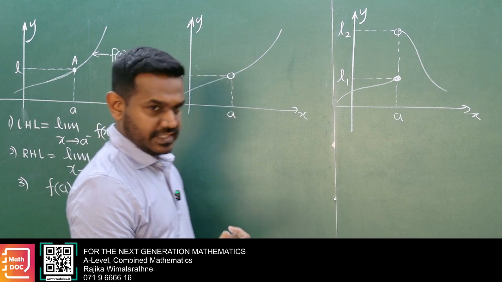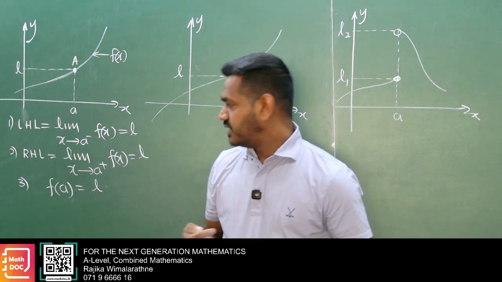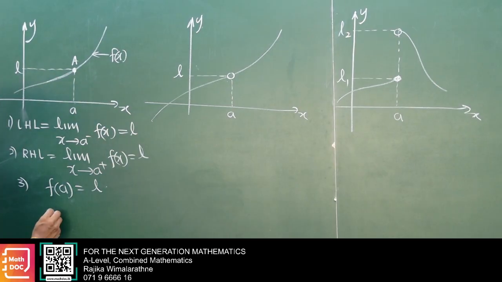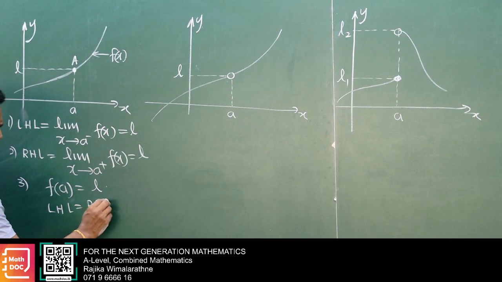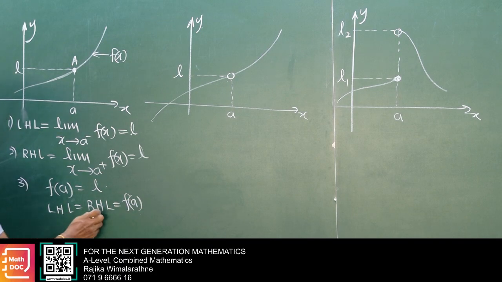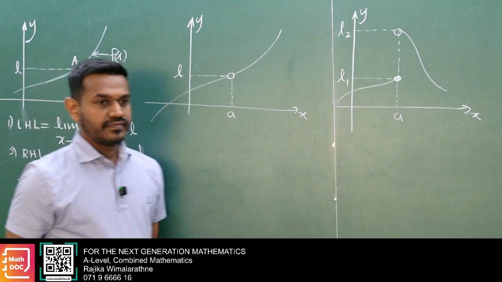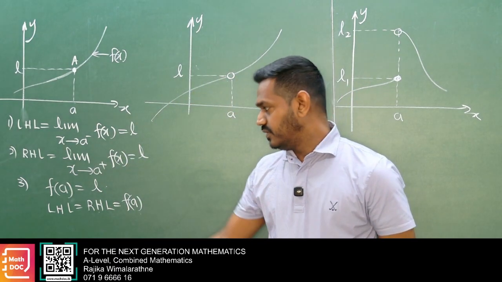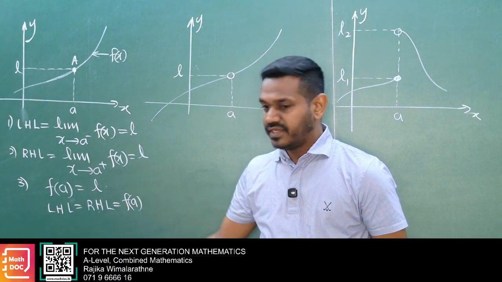Then all of them are the same. Then you write left hand limit equal right hand limit equal f(a). Write this way.